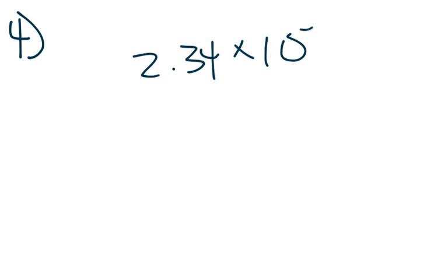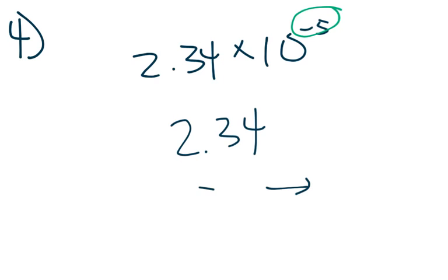So number 4, we're doing every third problem. We have 2.34 times 10 to the negative 5th. Every time you see a negative exponent, that means we're making the number smaller. So instead of going to the right, we're going to the left because this is what makes the number smaller.